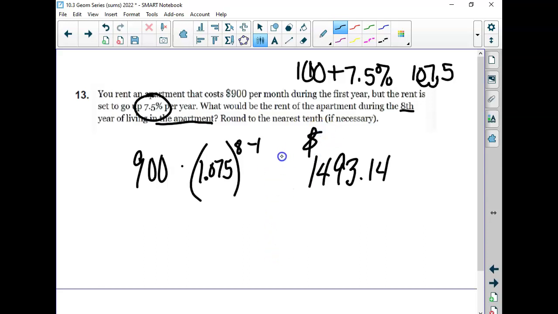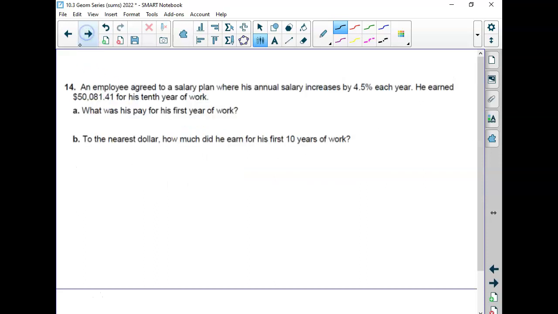Okay. Now remember, that was finding term 7, which was the first year the rent was that amount, and then during the 8th year. So not the sum of those.